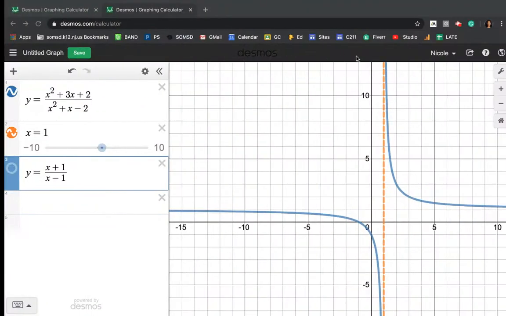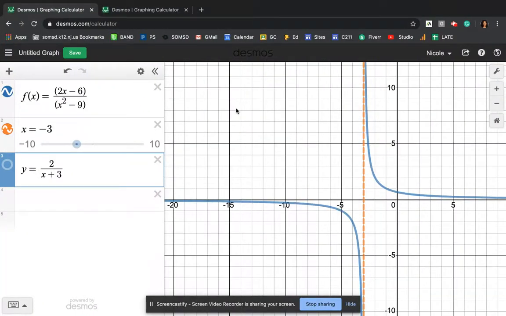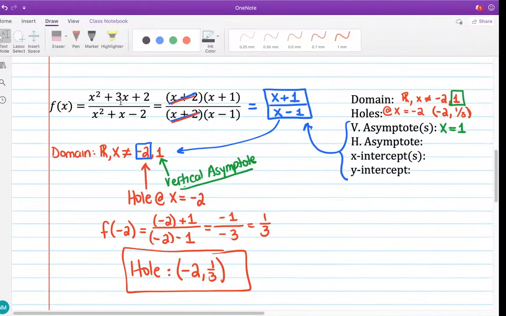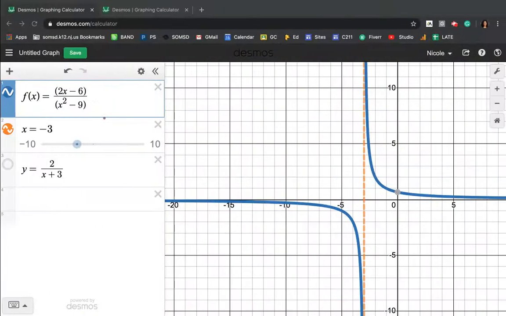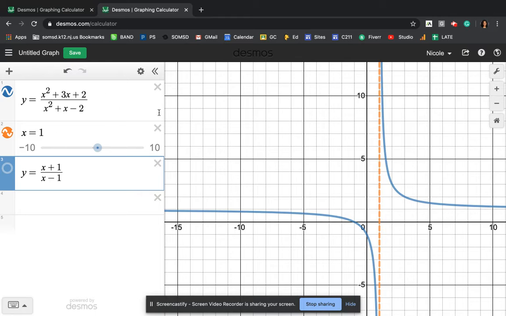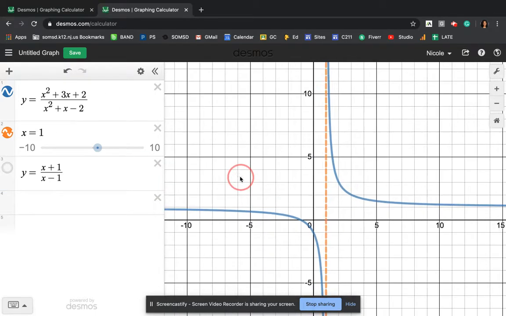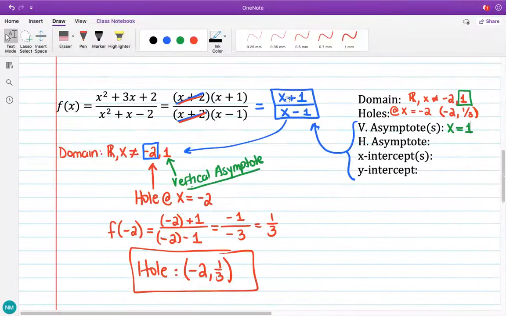Let's look at what that looks like on a graph. So here is my function. Oh, wait, wrong function. This function right here. For this function, technically, what we are going to graph is x plus 1 over x minus 1.